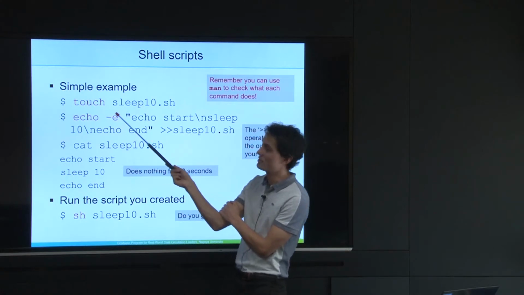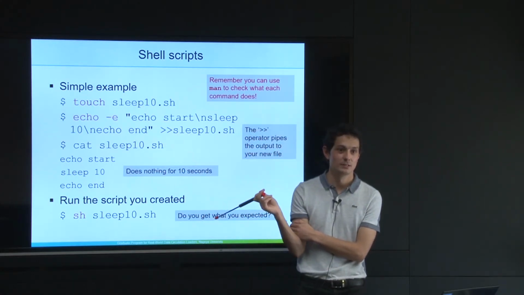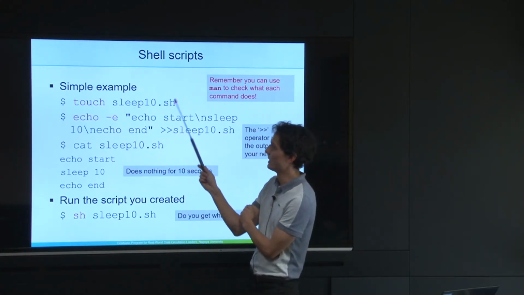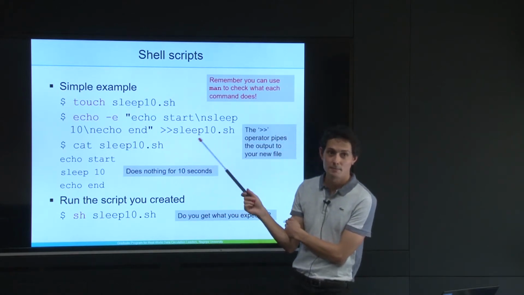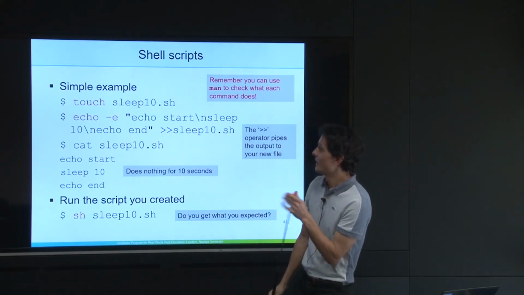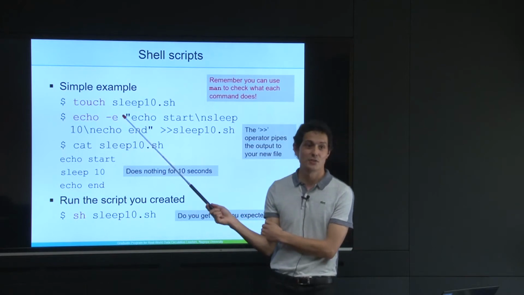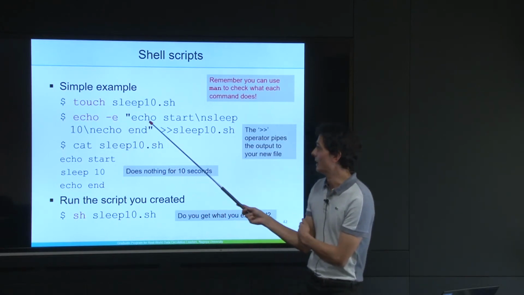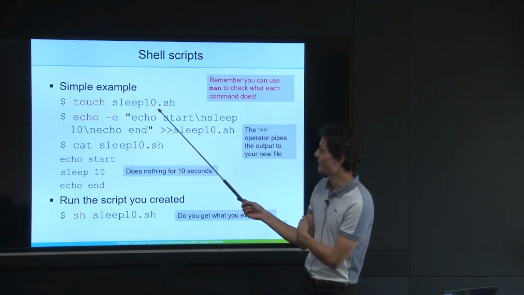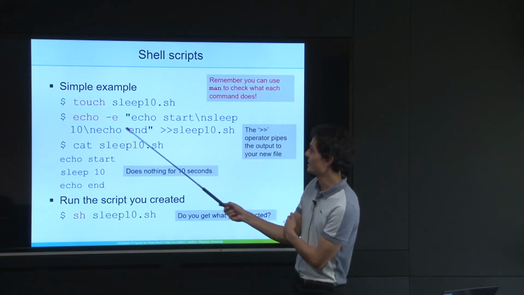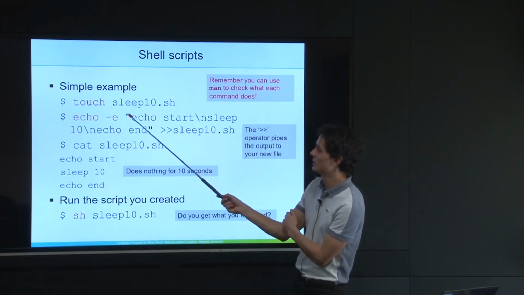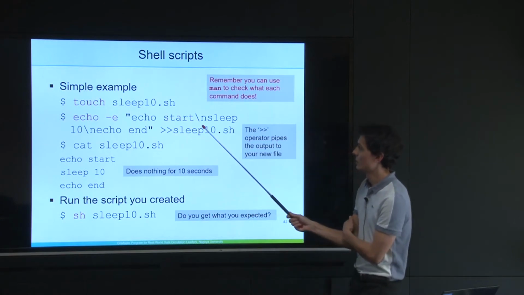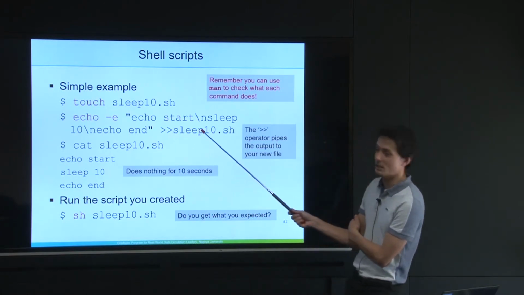This touch means make a new file called this, an empty file. Okay? And then echo basically just echoes whatever you type. And here we're echoing this text, this string of text in inverted commas, to the sleep file. So this pipes it into the sleep file.